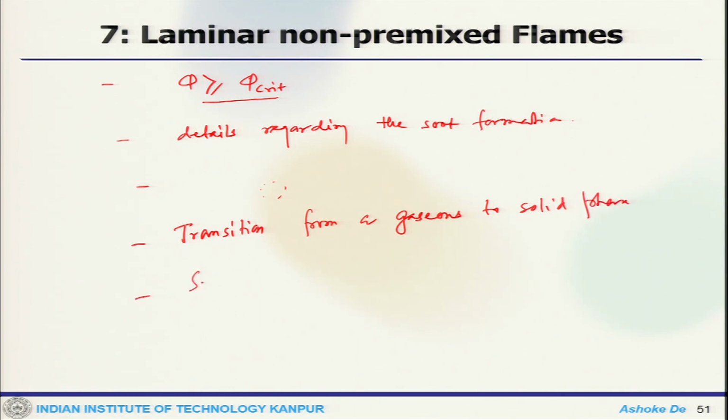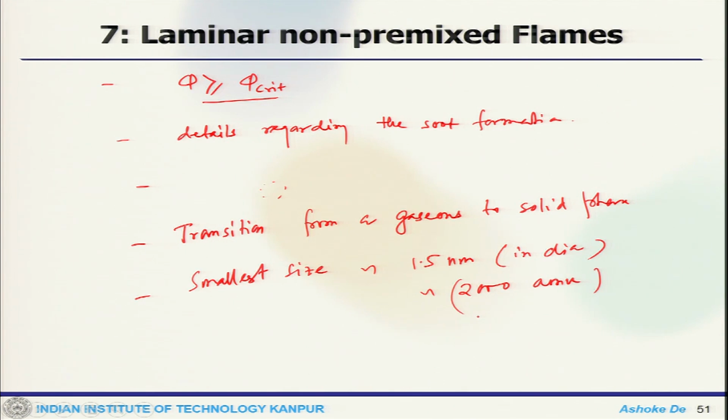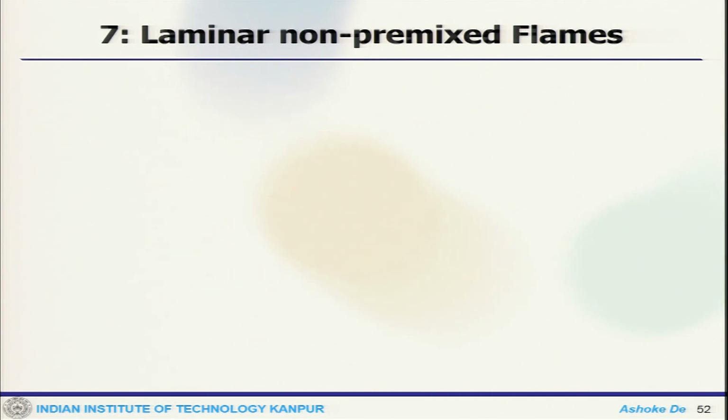Typically the smallest size of these particles is about 1.5 nanometer in diameter, which is about 2000 AMU. So they are very small particles formed in hydrocarbon fuel combustion.